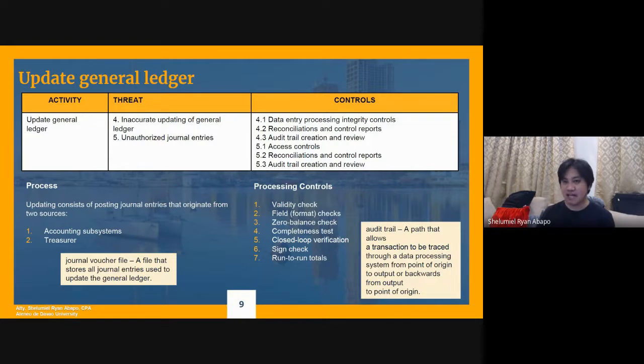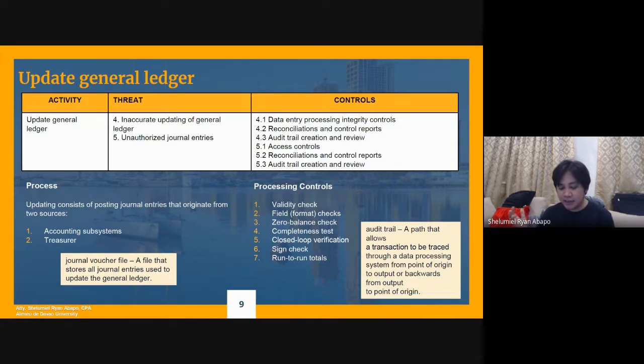In theory, the general ledger could be updated for each individual transaction. But in practice, some companies update the general ledger through a summarization of these transactions. Could be a summary of the daily transactions of a particular nature, or a weekly summary, or a monthly summary.